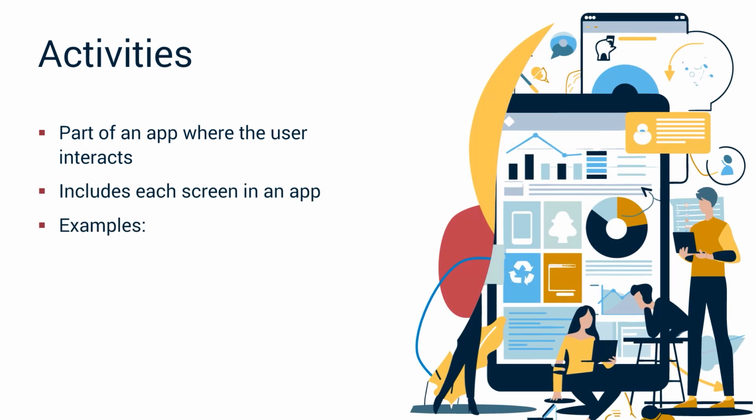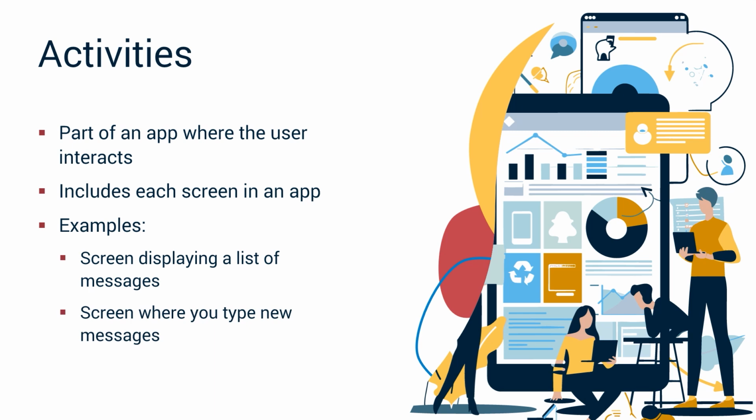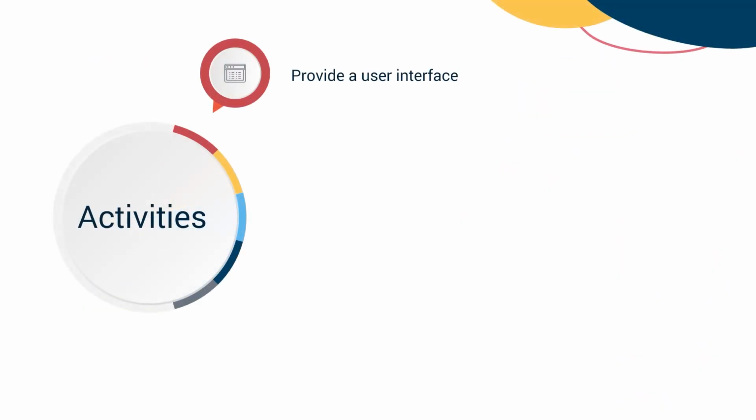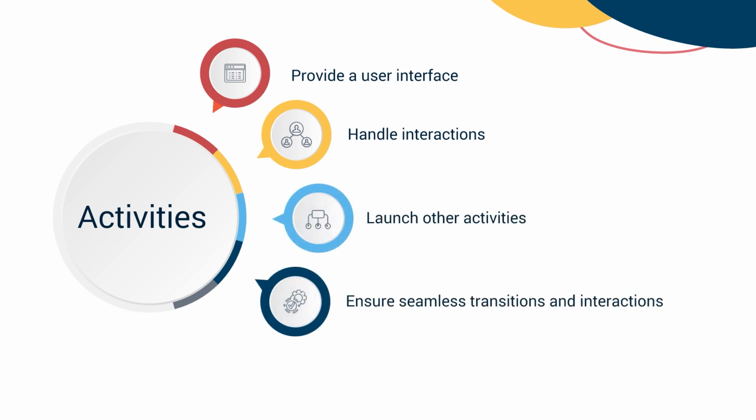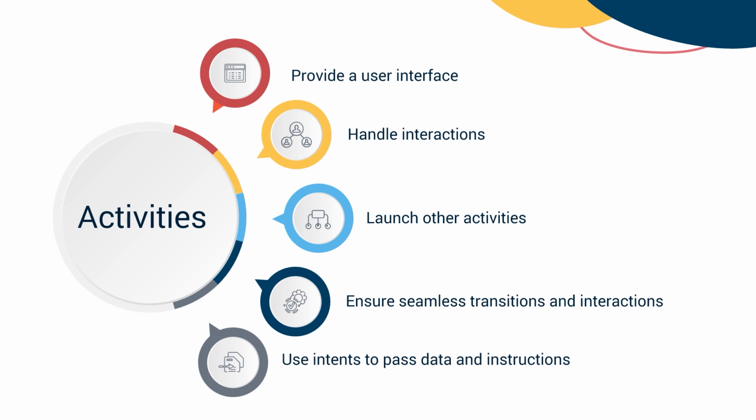For example, in a messaging app, the screen where you see your list of messages is one activity, and the screen where you type a new message is another. Activities provide a user interface, handle interactions, and can even launch other activities, letting you seamlessly navigate your app. They use intents to pass data and instructions between different parts of the app.